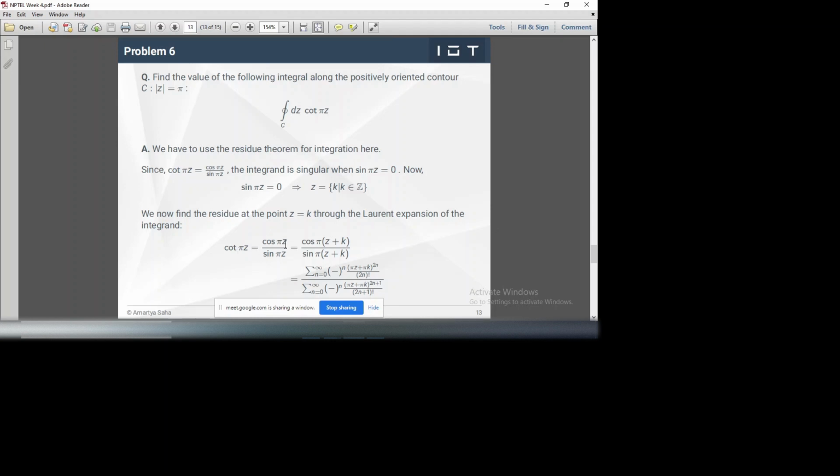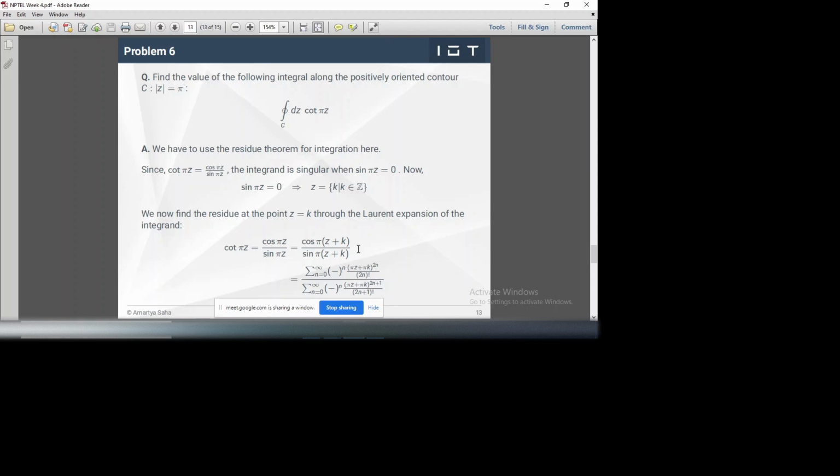So cot πz is written like this, and of course this is a result familiar to all of us: cot πz is equal to cot π(z + k), where k is an integer. Again there is a mistake, it should have been z equal to minus k.